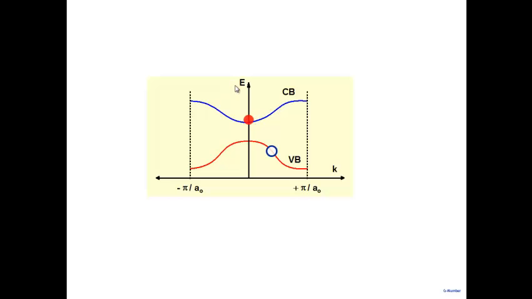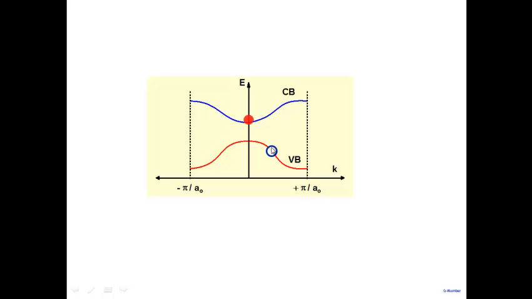So whenever we draw this EK diagram and other energy diagrams that you will see, the energy E refers to the energy of an electron. So keep in mind what would happen to a hole. Let's say I put a hole over here at some energy E. Now this energy E refers to the energy of an electron, not the energy of a hole. We know that the energy of an electron increases as you go up, and therefore the electron came down from higher energy to lower energy.